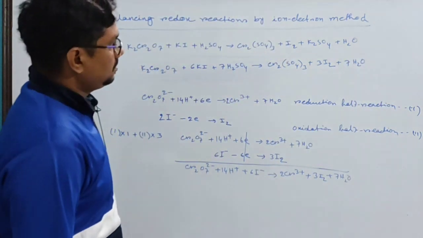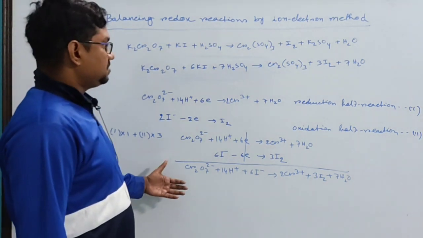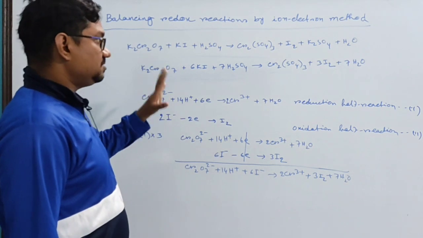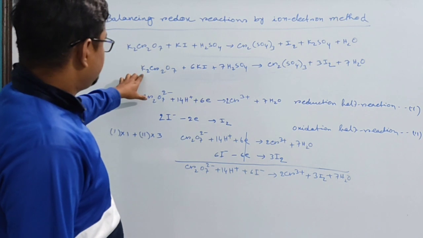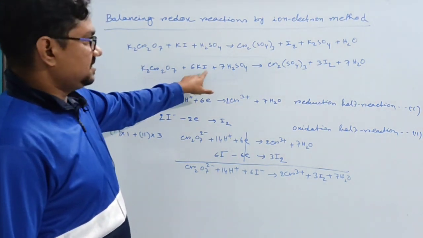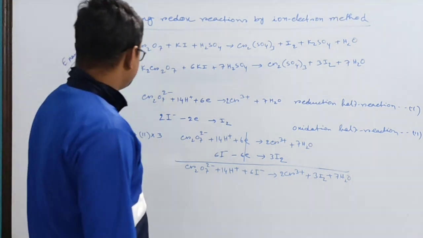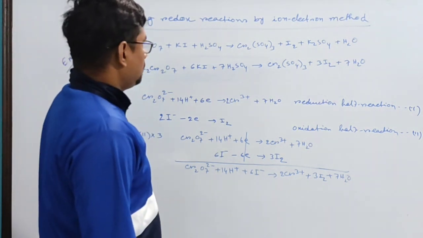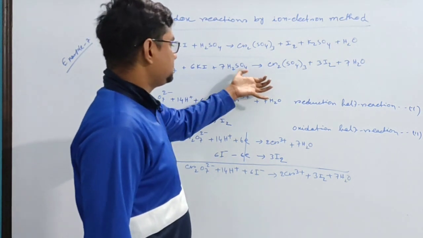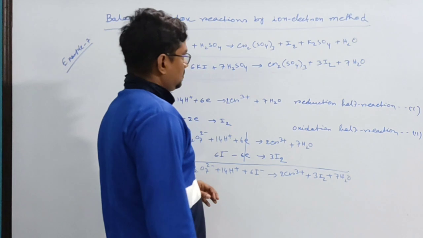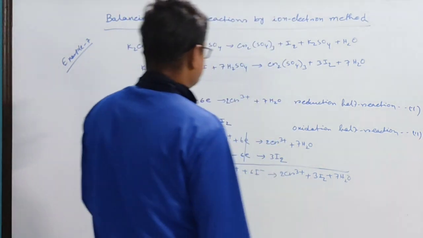This is the balanced redox reaction in the molecular form, but still not complete, because you see here K plus is there, which is not there on the right hand side. Or you can check the sulfate ion. 7H2SO4 means 7 sulfate ions are produced, but here only 3 sulfate.